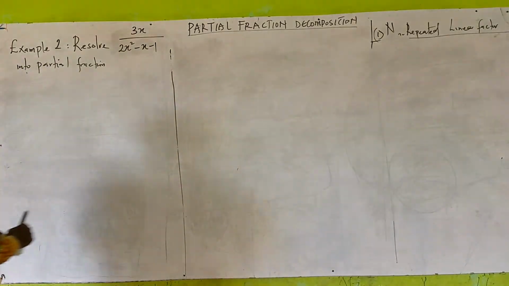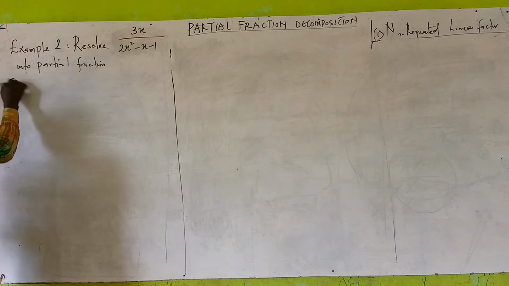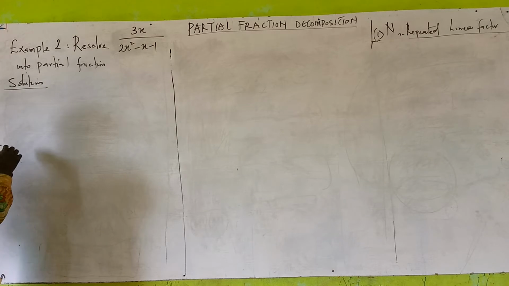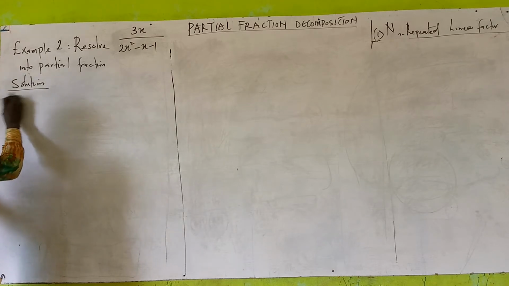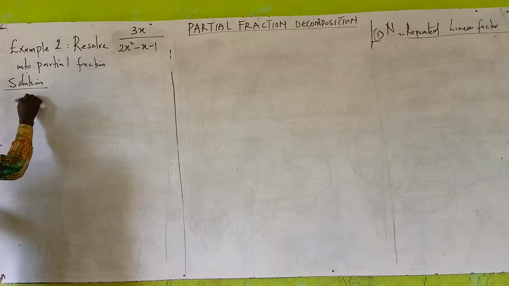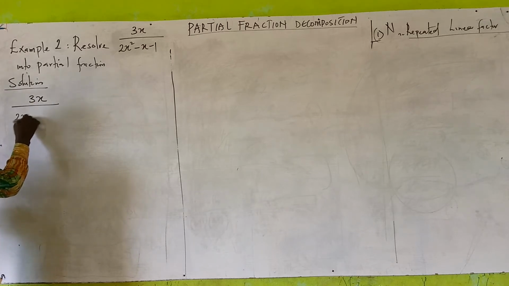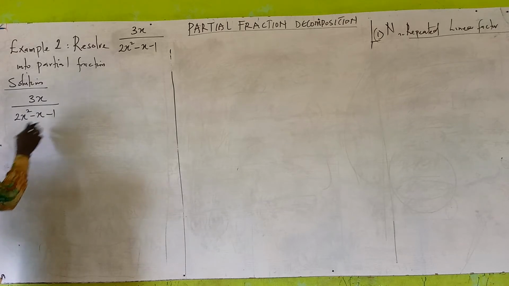And now we will say, okay, solution. I say 3x divided by 2x squared minus x minus 1.